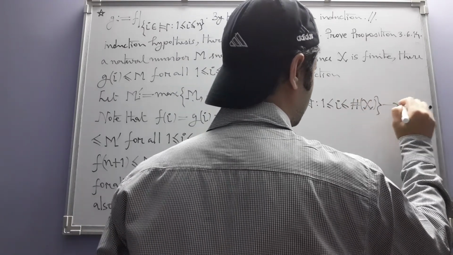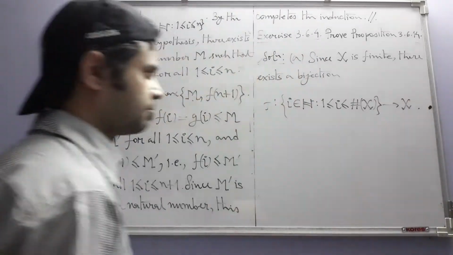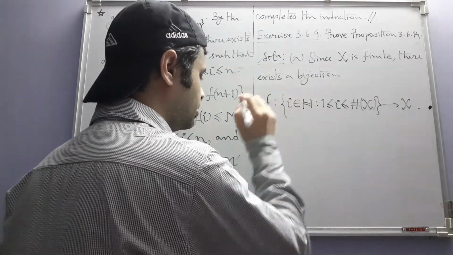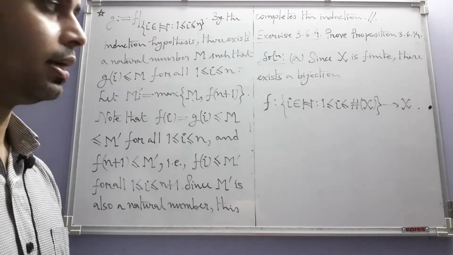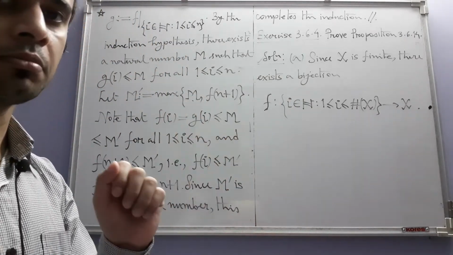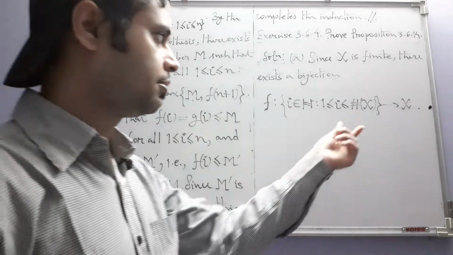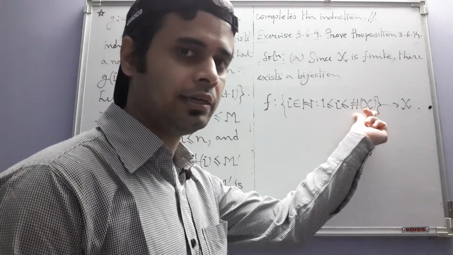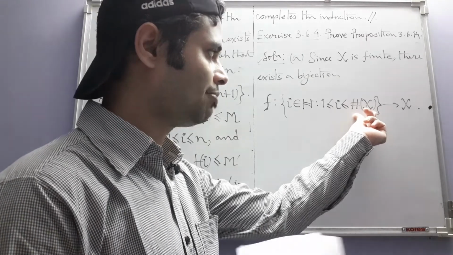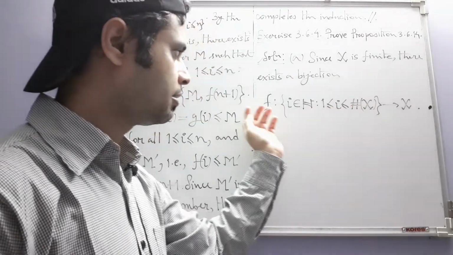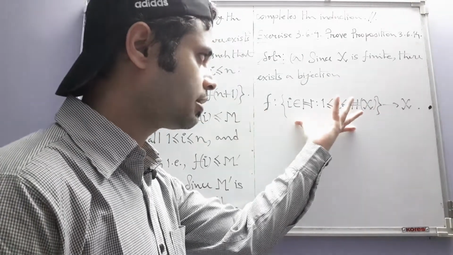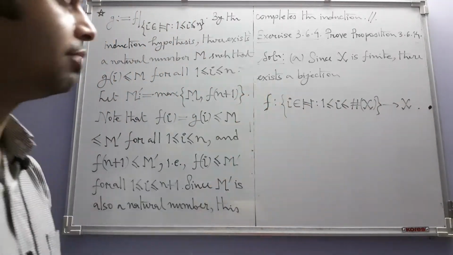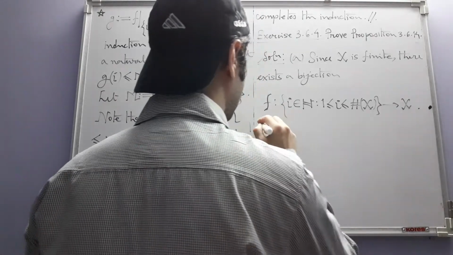Okay, so here what we are doing, since X is finite, it will have some natural number as its cardinality. According to our notation, this is that natural number, and by definition of X having this cardinality, there will be a bijection between this set and X. All these things are coming from definition.